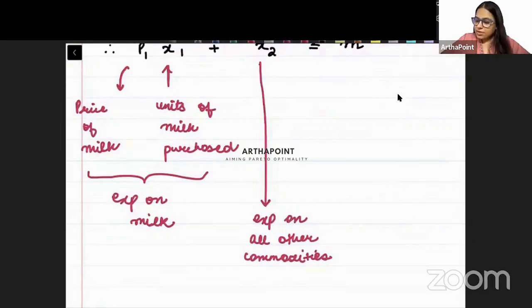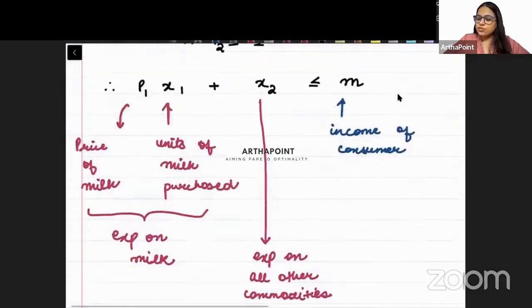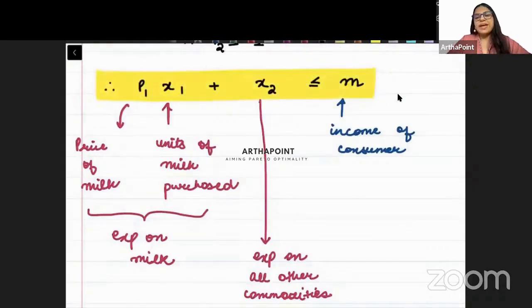And then I have M here. And this M represents the income of consumer. M हो गया income of consumer. So now let me just go ahead and give you an example.